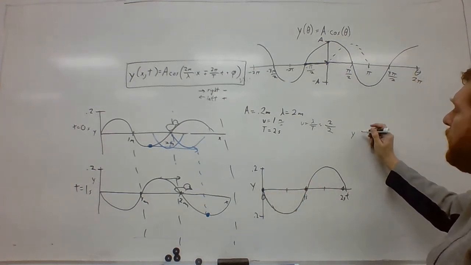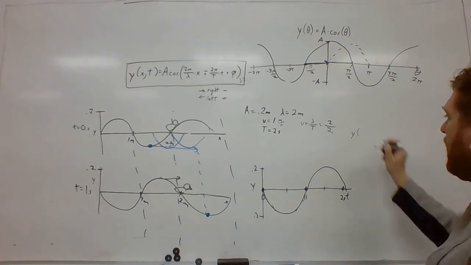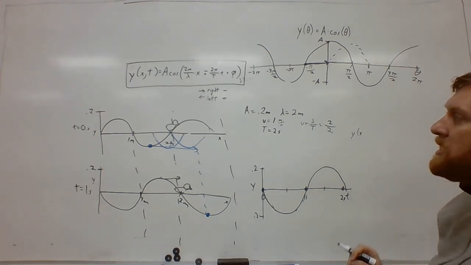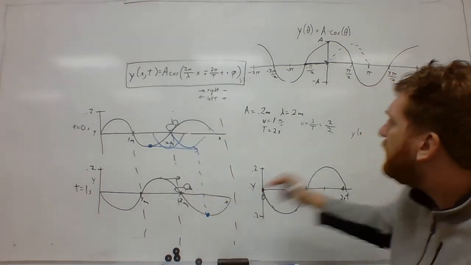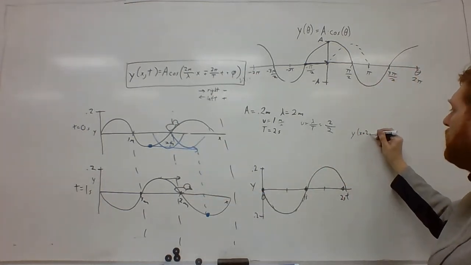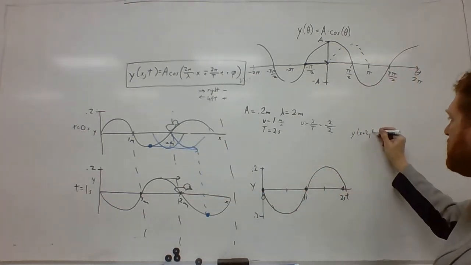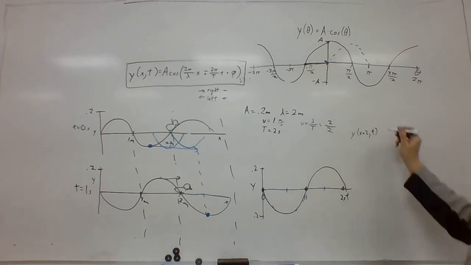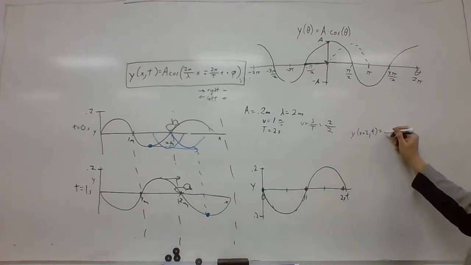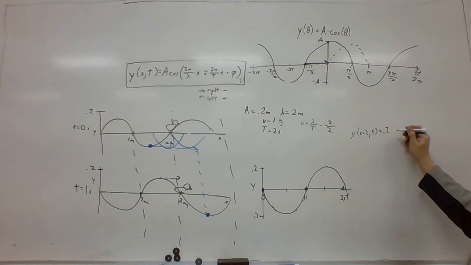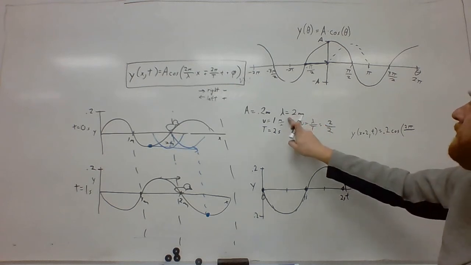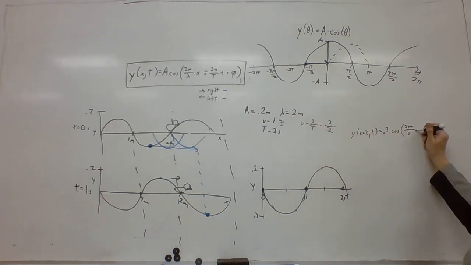So for our equation, x is going to be a constant in this case. X is the position of the duck. So x is equal to 2. And this graph is a y versus t graph, time. y equals A, which is our amplitude, 0.2, times cosine of 2 pi over our wavelength, which is 2 meters, times x.